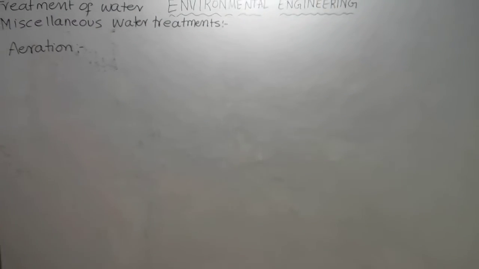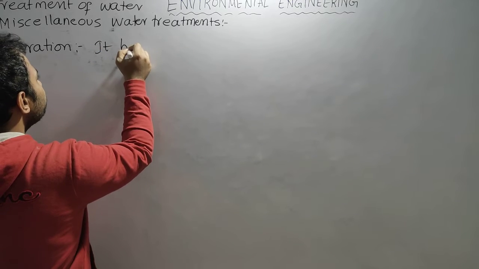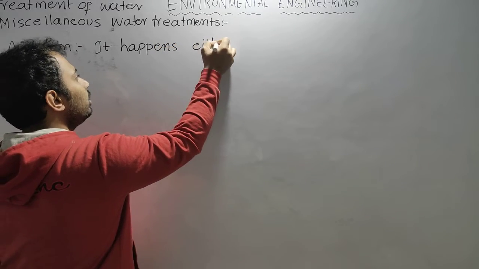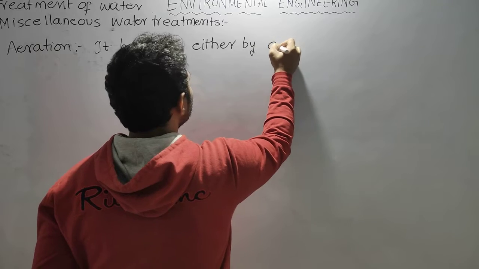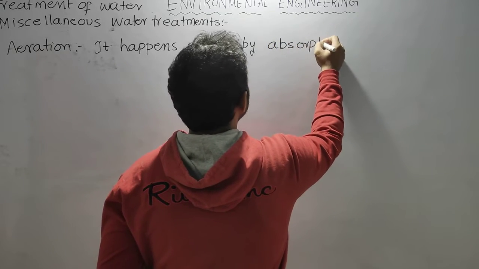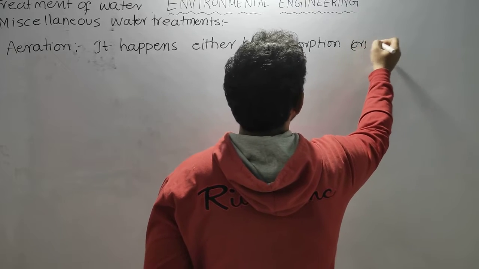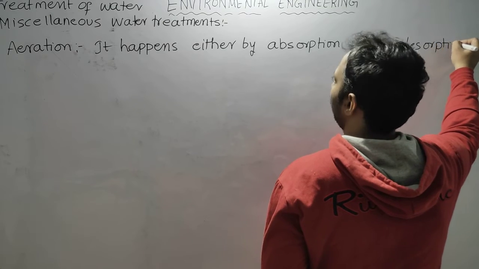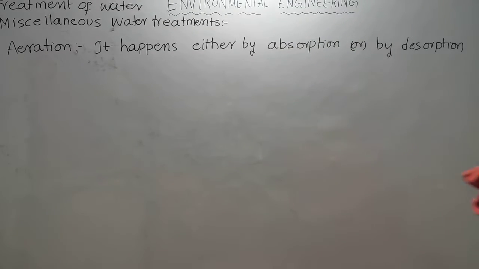So the exchange of gases happens by absorption or desorption. Aeration can happen either by absorption or by desorption. So when does absorption happen, and when does desorption happen?